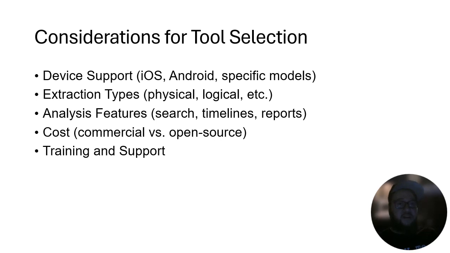The right balance depends on budgetary constraints and the level of technical expertise available. Training and support are essential to fully unlocking the capability of any forensic tool. Readily available resources, tutorials, and access to technical help contribute to effectively utilizing the toolset for successful investigations.